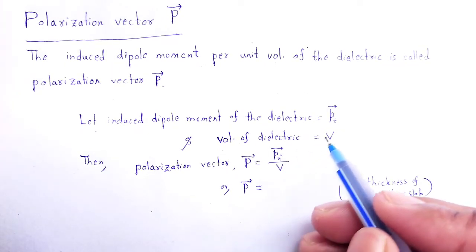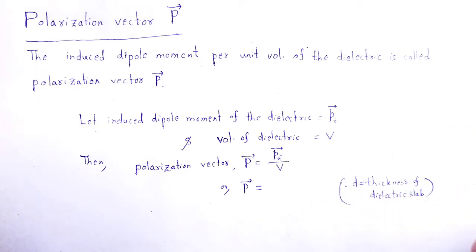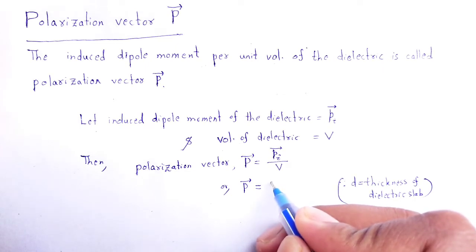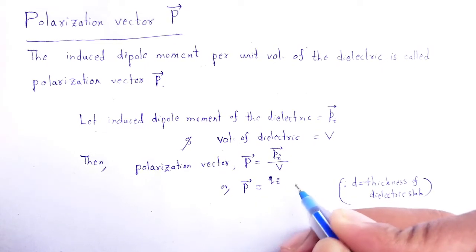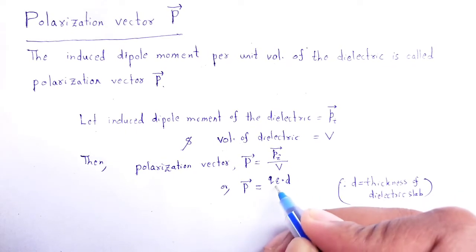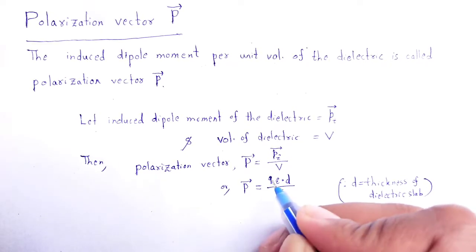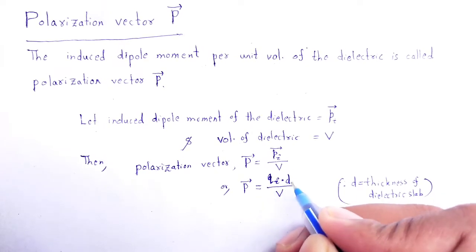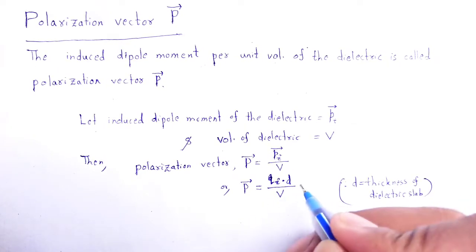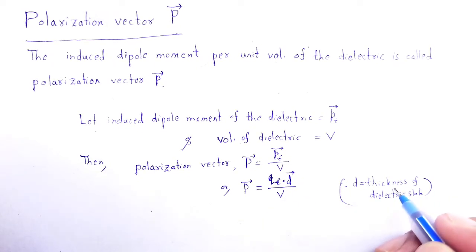So, the induced dipole moment Pi is the product of charge into length of that dipole: charge Qi, length of the dipole d, so Pi is equal to Qi d, where d is the thickness of the dielectric.